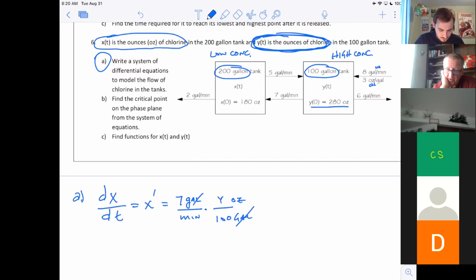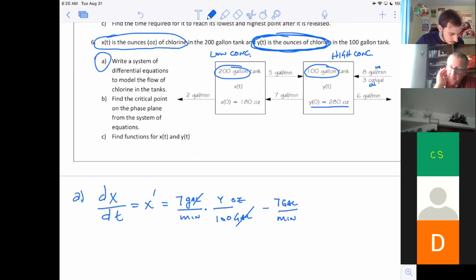But notice that's ounces per minute of chlorine, which is what it needs to be because that's what dx dt means. But then you also have 7 gallons per minute going out. Notice I just grouped them together. It doesn't matter that there's 5 and 2, they're just going out. If there'd been one pipe going out at 7, it'd be the exact same thing.